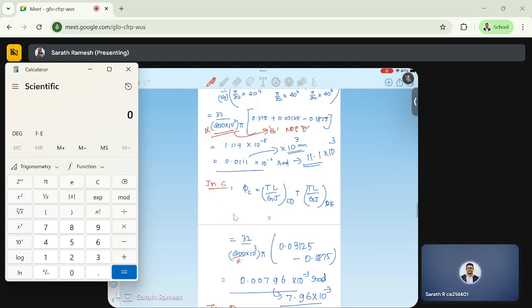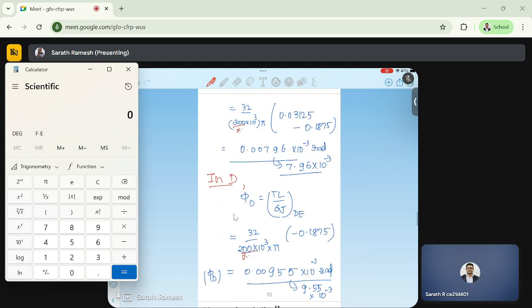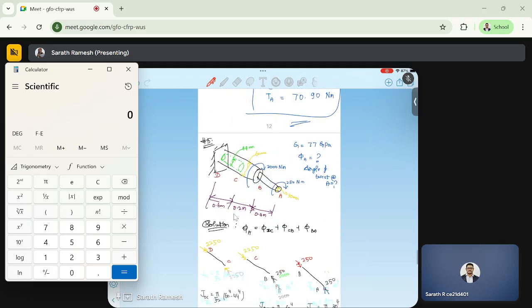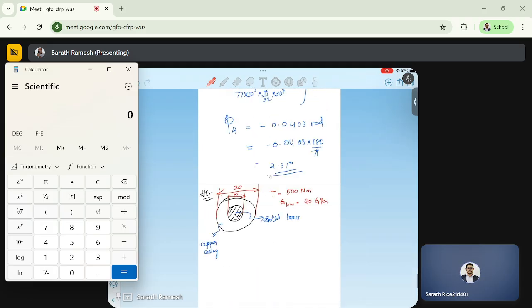This value is 40 gigapascal, and copper will be 45 gigapascal.